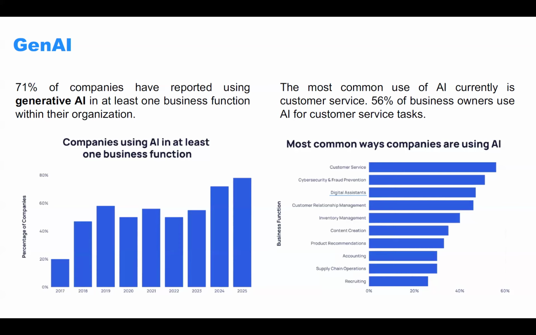Since this time, we can see an increasing trend in the number of companies adopting AI or using it in at least one business function. And this is not something new for us, right?